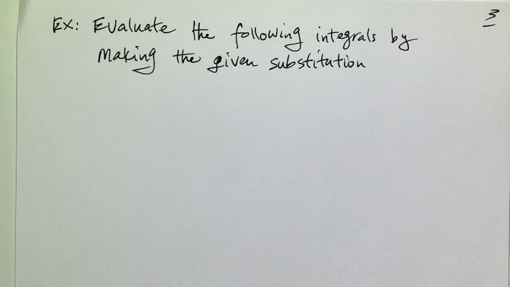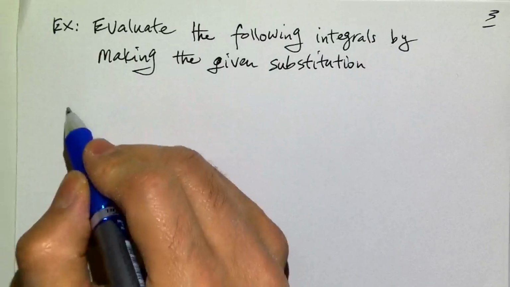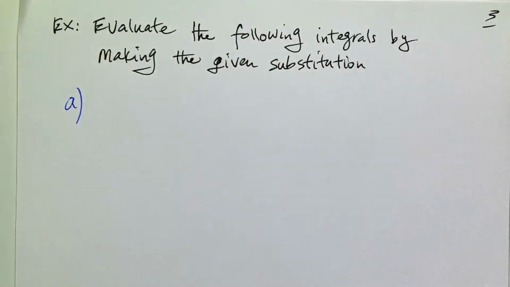Okay, so we want to evaluate the following integrals by making the given substitution. So in these few examples, we are told for which terms we need to make a substitution. But usually, you are not given that information. Usually, you'll have to determine if there are terms for which you can substitute.